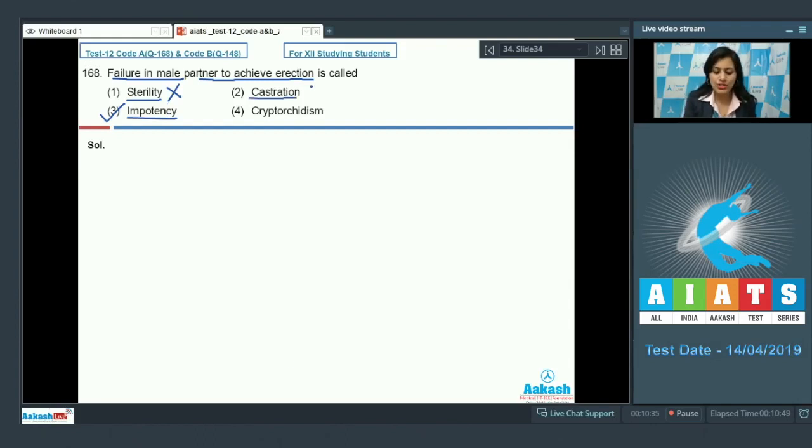Second option is castration, and this cannot be a correct answer because castration, also known as gonadectomy, is referred to as removal or excision of both testes. Next option is cryptorchidism, and this cannot be a correct answer because cryptorchidism is failure of testes to descend into scrotum. So the correct answer to this question is option number 3. Let's discuss our next question.